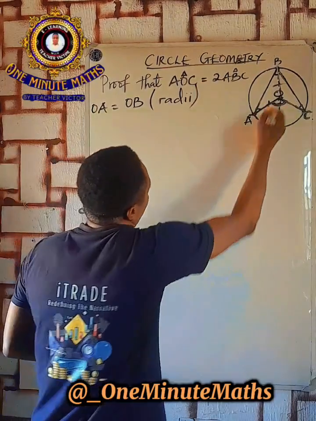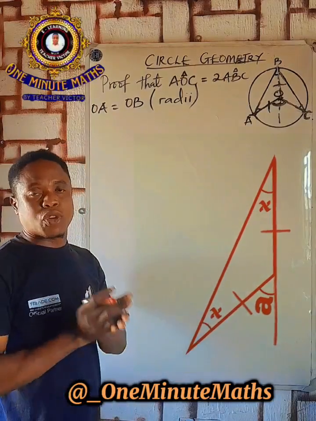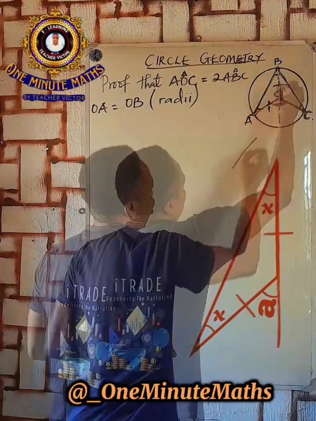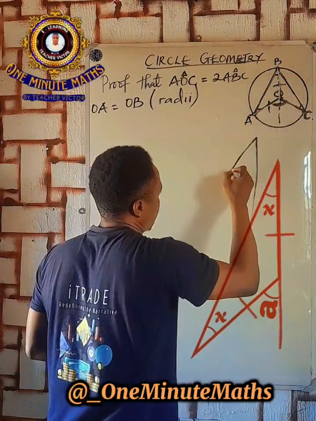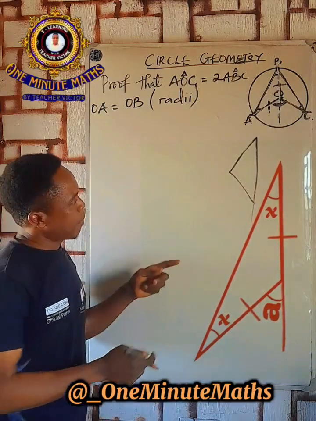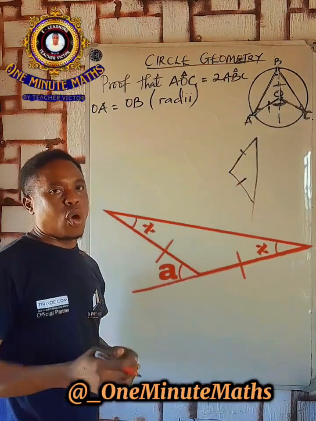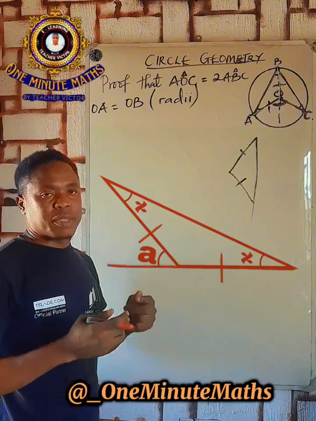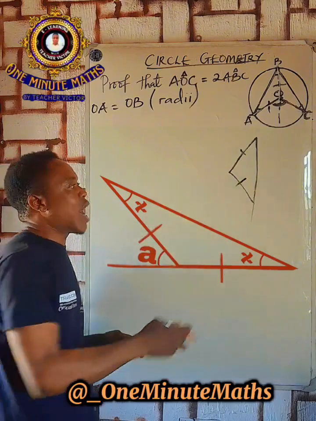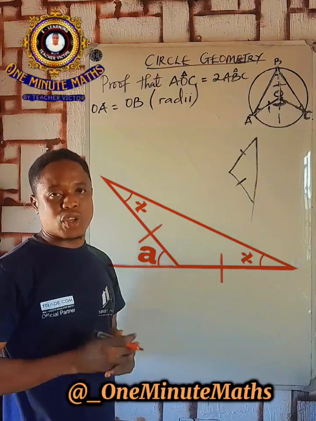Now, because we have made these two lines equal according to the fact that they are both radii, it brings about this triangle we have here called an isosceles triangle, just like what you are seeing on your screen right now. Any triangle that has two of its sides equal. This has been proven from the theory of triangles, that any triangle that has two equal sides is called an isosceles triangle.